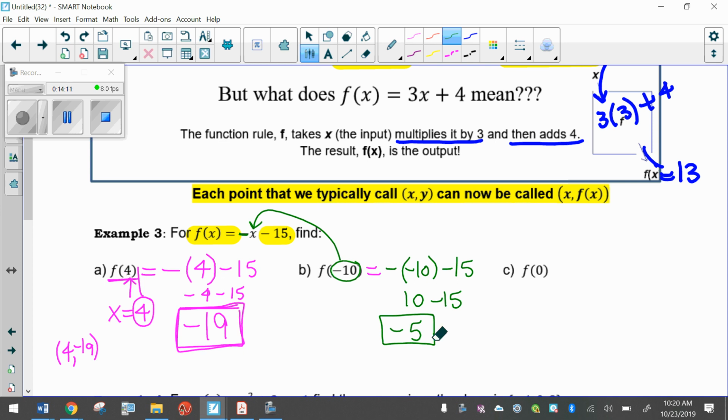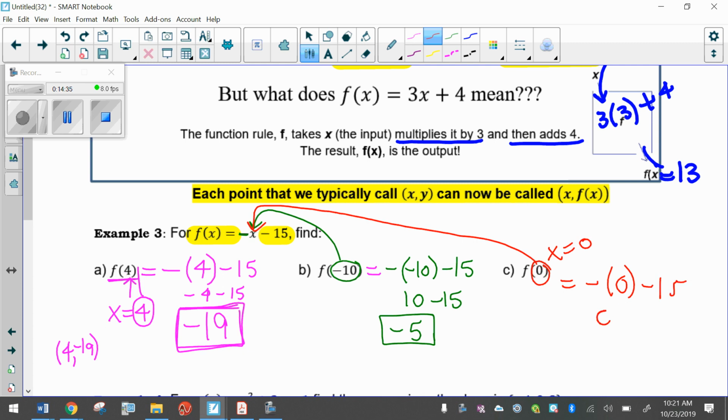All right, one more. Let's do f of 0. So this means x equals 0. So I take the 0, I put it into the equation. I get negative, parentheses, 0 minus 15. Negative 0, well, that's just 0. 0 is not positive or negative, right?